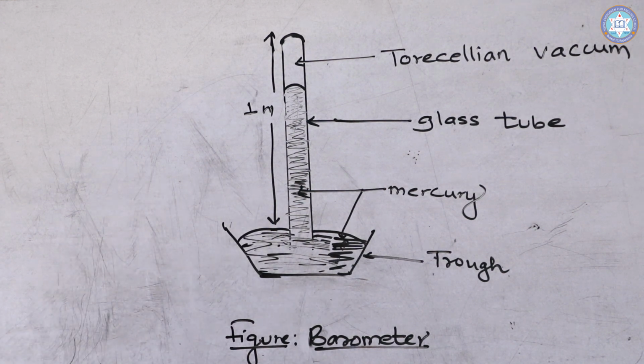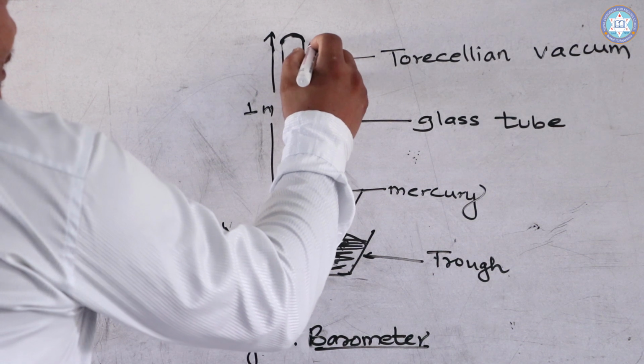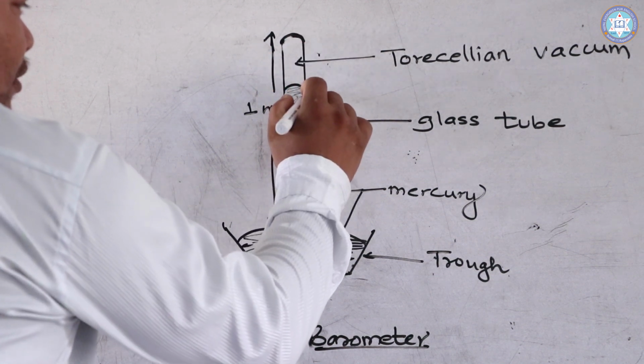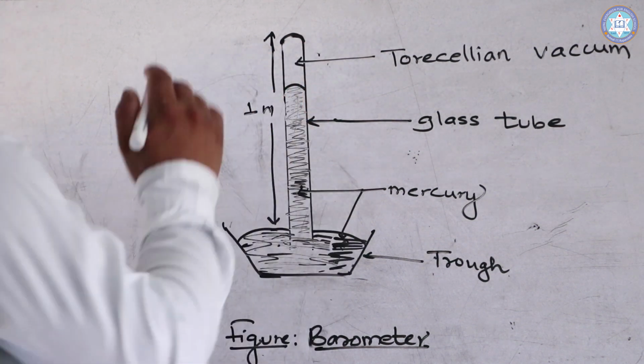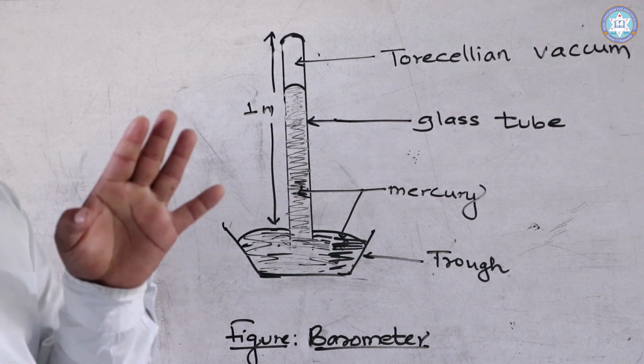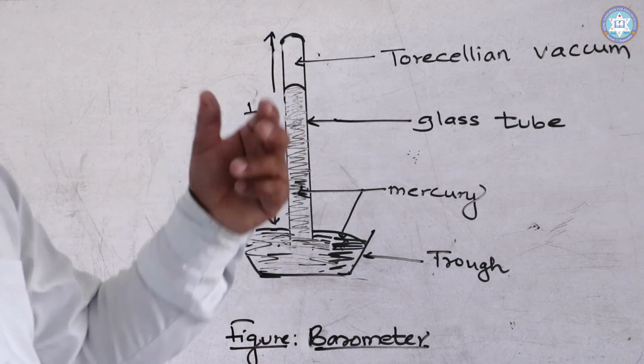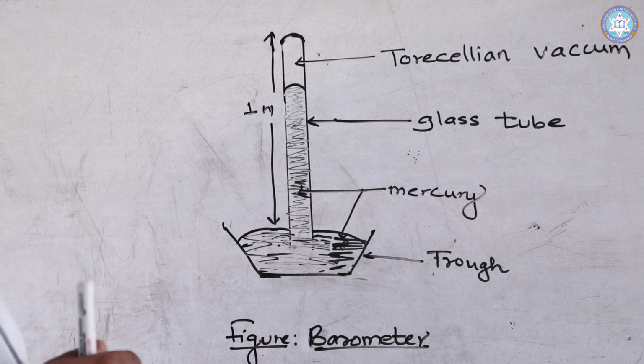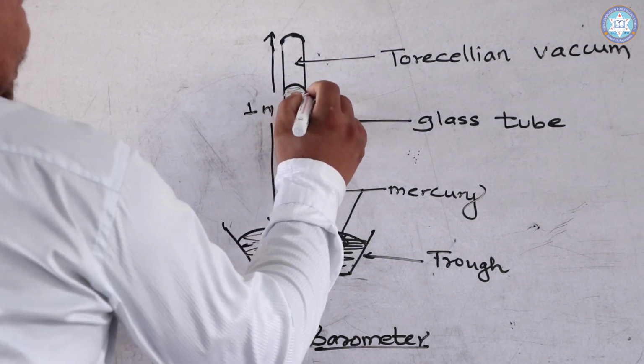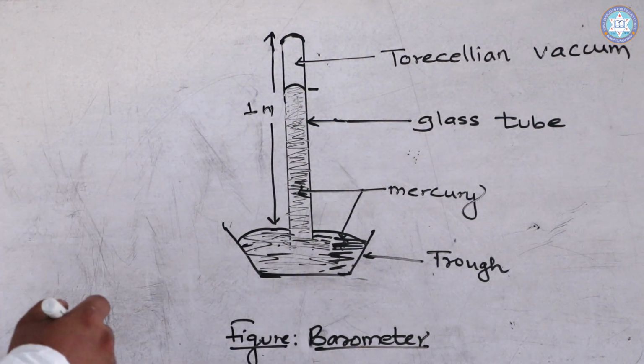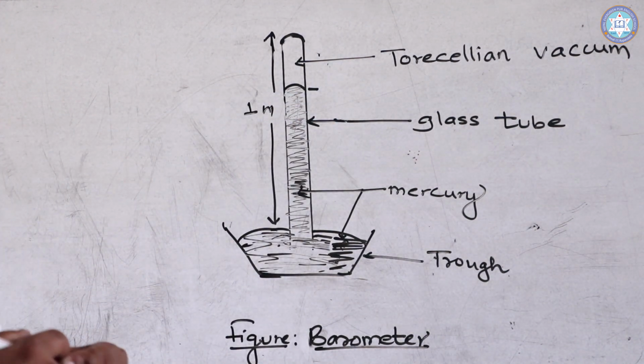Then what happened? The mercury level is decreasing, and finally its position is fixed, it gives a constant reading. This reading is the atmospheric pressure of that place.